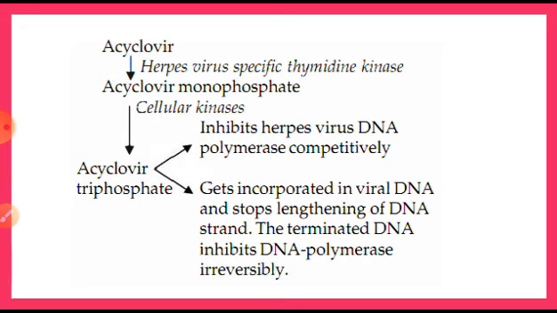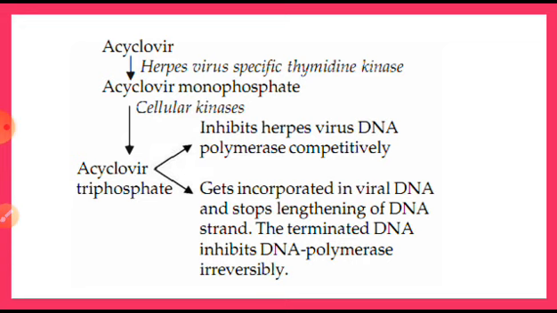It inhibits herpes virus DNA polymerase competitively, right? There is a competition, and it inhibits the viral replication. Viral DNA polymerase becomes irreversibly bound to an acyclovir-terminated DNA chain, unavailable for replication. Understood? So viral DNA polymerase becomes irreversibly inactivated, right?